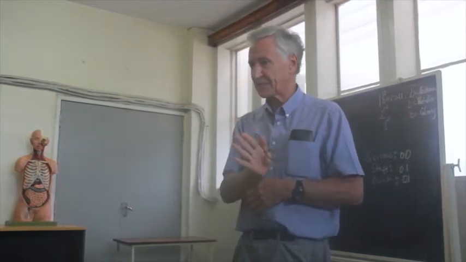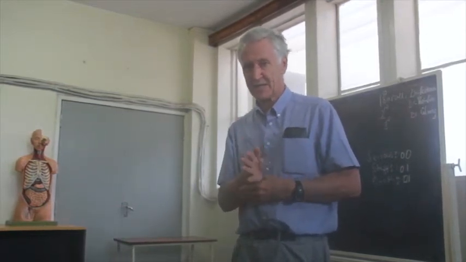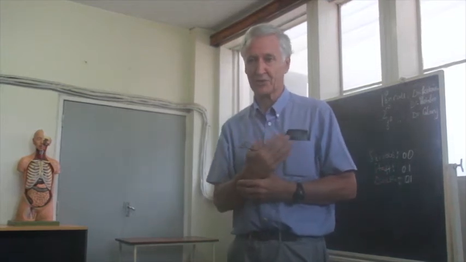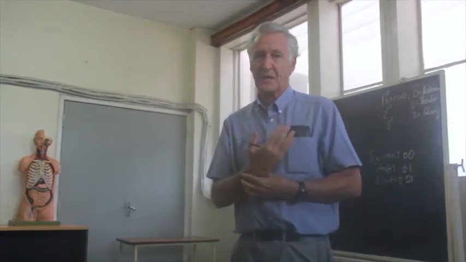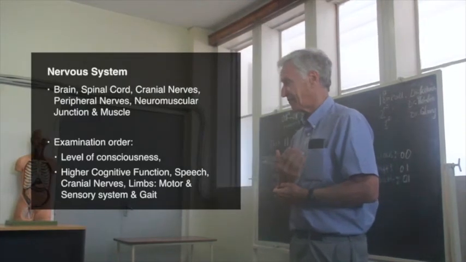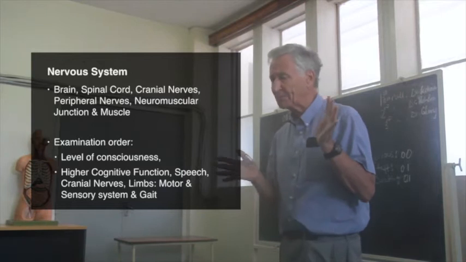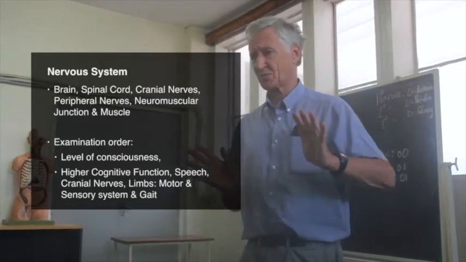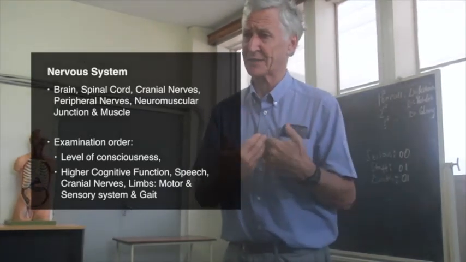So now we've completed effectively the cardiac, respiratory, and abdominal, and we move on to the central nervous system. Obviously, the central nervous system is going to be a bit more complex. And when I do the nervous system, I'll go into that.